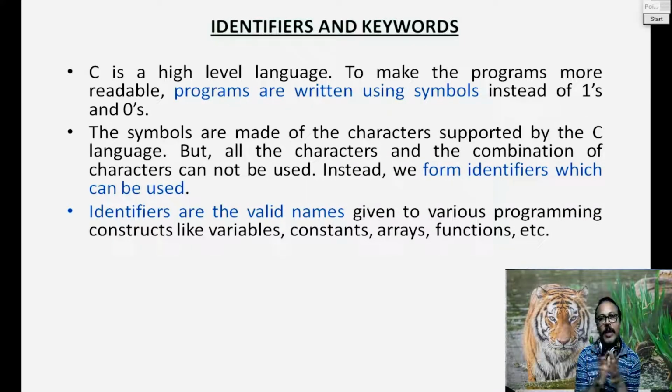Identifiers are nothing but valid names, the names you give to different programming constructs like variables, constants, arrays, functions, etc. For each of these you will give one unique name. That is a valid identifier.